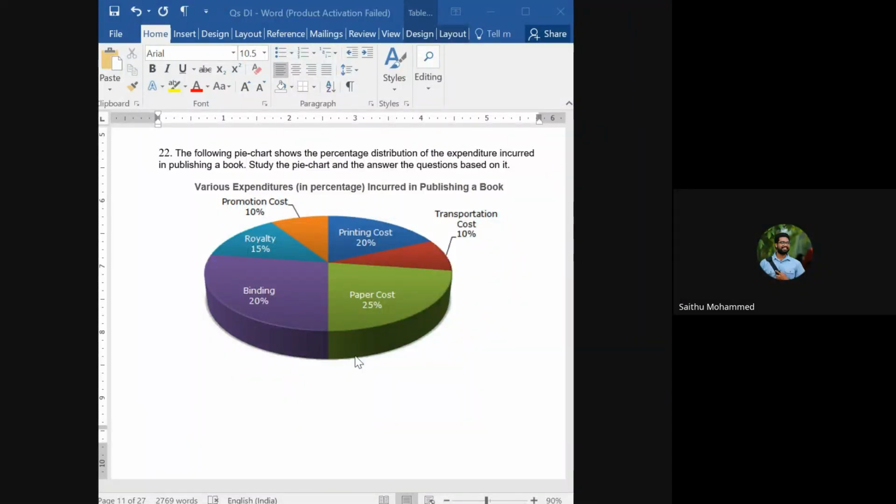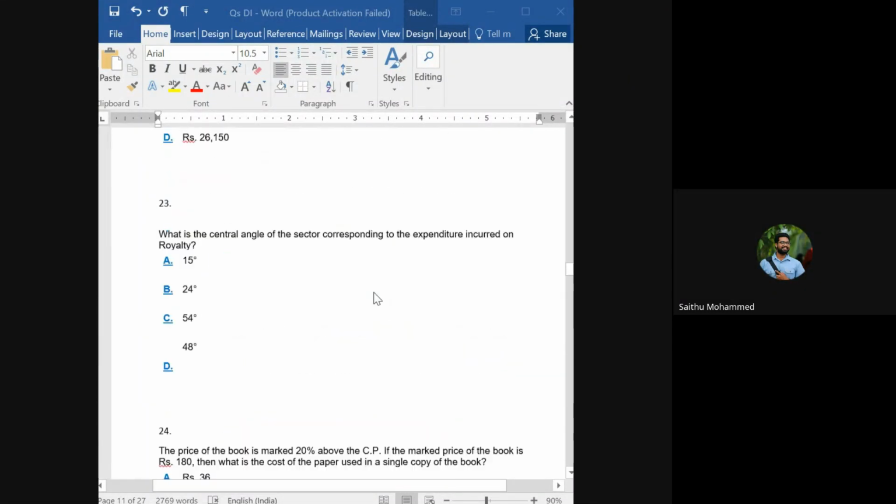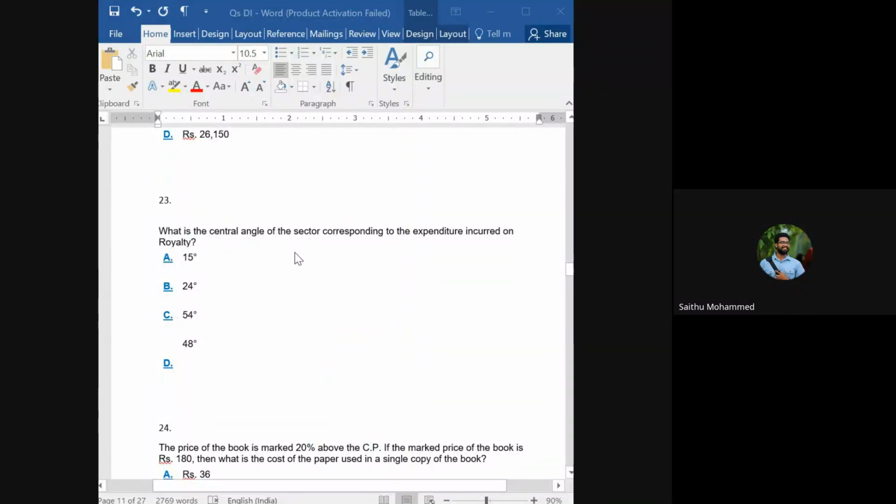So what we have to find as per this question is the central angle of the sector corresponding to the expenditure incurred on royalty. So we actually have to find how much angle, or up to how many degrees, that particular royalty segment is.